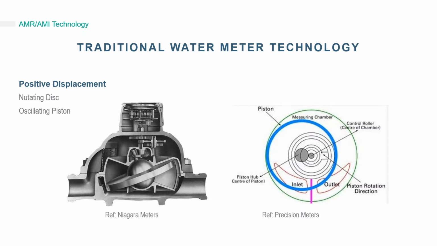Each system has its own nuances to it. We can talk at length about how these operate, but just know that you're using a fixed volume within a meter and a means to measure water that passes through it, either by moving the water and displacing an oscillating disc or a piston, or through a jet.